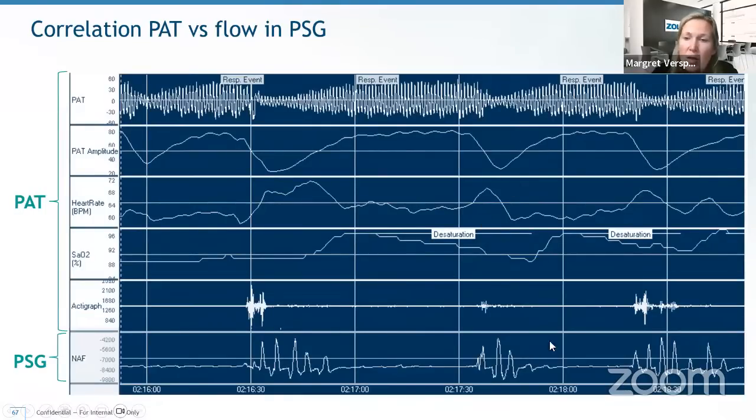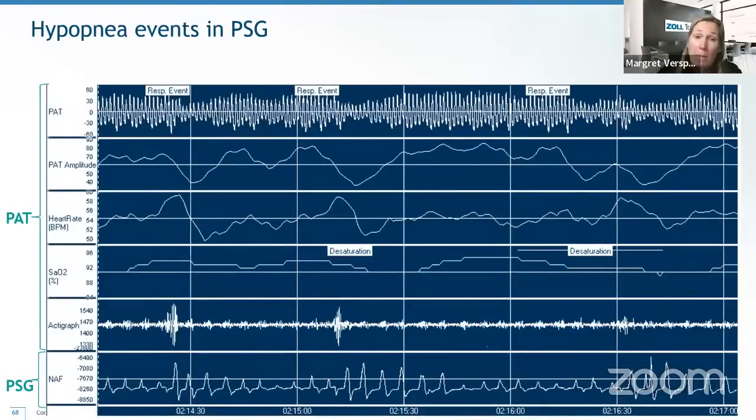Very nice, the correlation between flow limitation, the patient starts breathing again, resumption of breathing, and the arousal. And after the arousal, of course, we see a quick resaturation.